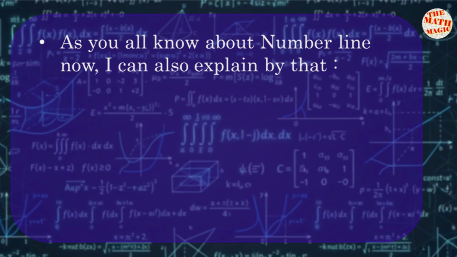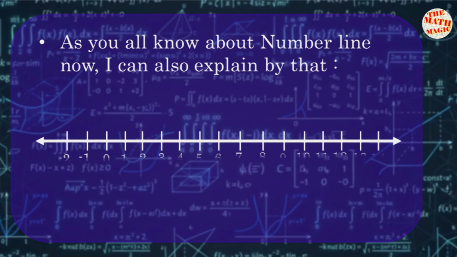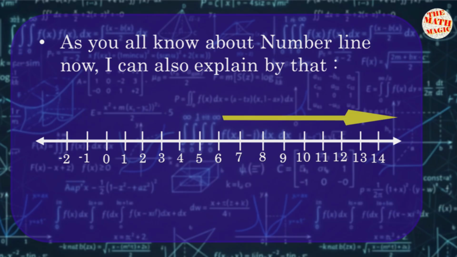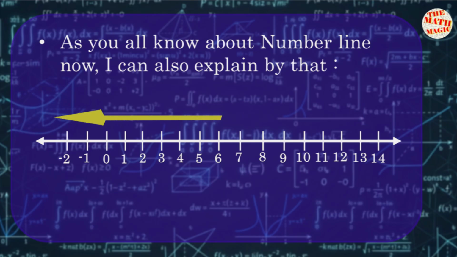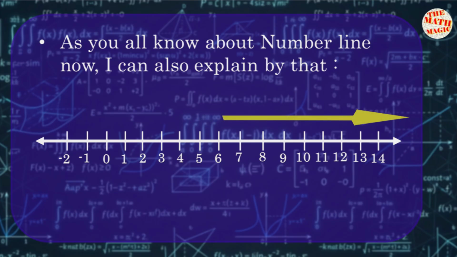As you all know about the number line now, I can also explain by that. A number line is just a directional way to represent numbers. Here the positive sign represents the right direction and the negative sign represents the left direction. Addition is simply moving towards the right on the number line. Let me show you how, by the number line method, you can get 4 plus 5 equals 9.